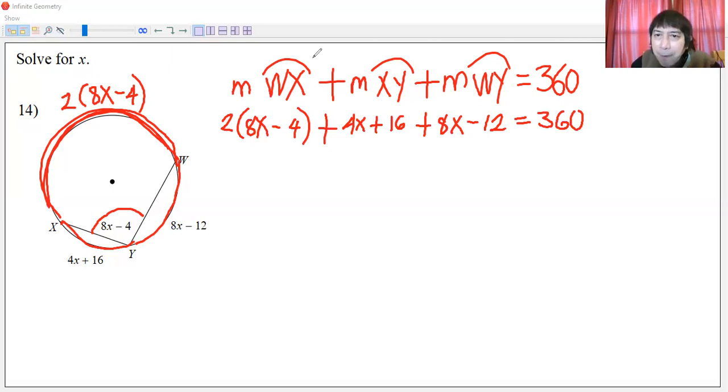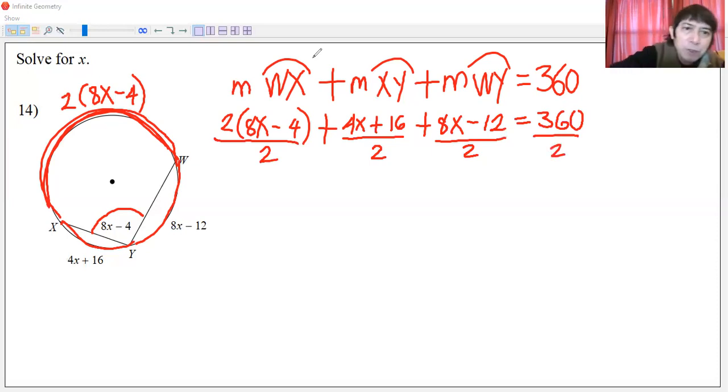Everything is divisible by 2, right? If we divide this by 2, this by 2, this by 2, and this by 2, we will have smaller numbers.